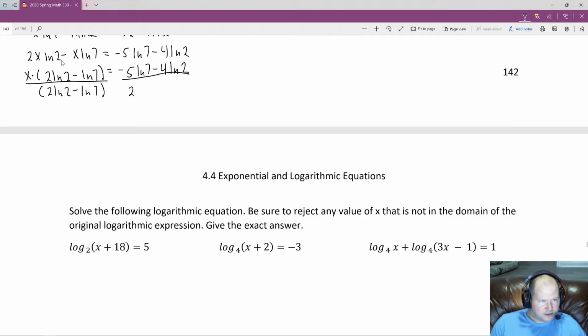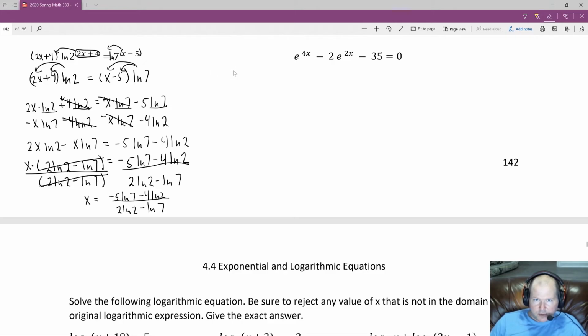So on the left side, these cancel out, and we end up with x is equal to this over here, so I can just rewrite it: negative 5 natural log of 7 minus 4 natural log of 2 all over 2 natural log of 2 minus natural log of 7.